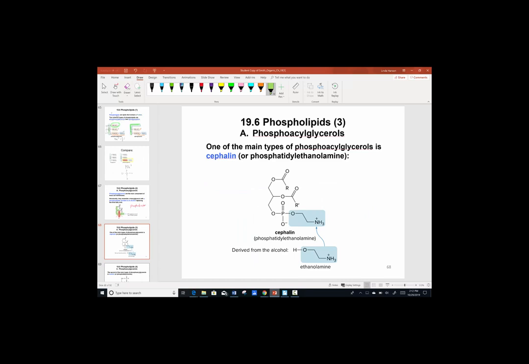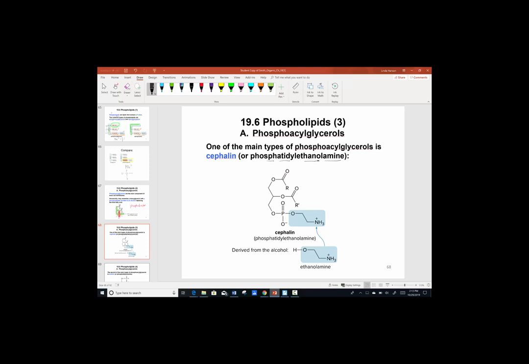One of the main types of phosphoacylglycerols is cephalin, or it gives us a long name based on its chemical structure. We see the root word phosphatidyl, ethanol for the alcohol, and amine for the nitrogen. We'll call it cephalin.